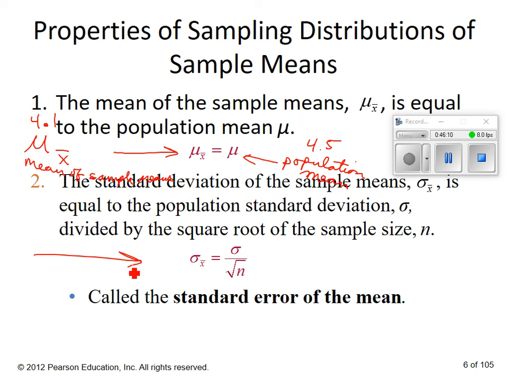And it's not even called standard deviation when we're dealing with this. It's called the standard error of the mean. So that sigma sub x bar is called standard error of the mean, or just standard error would be fine.